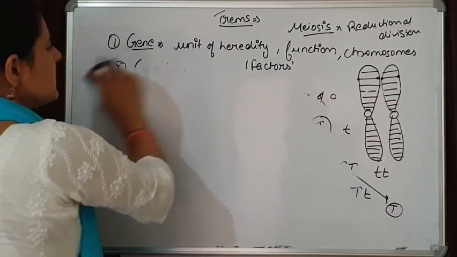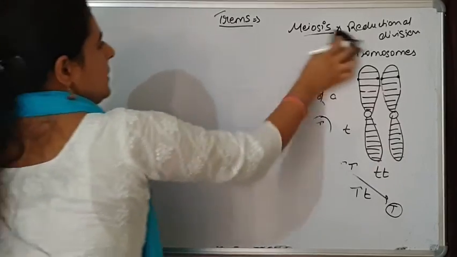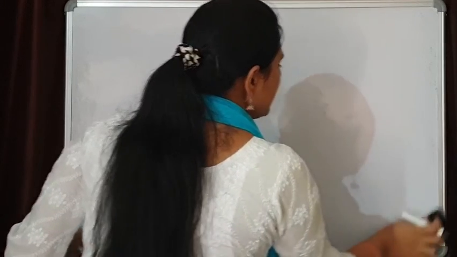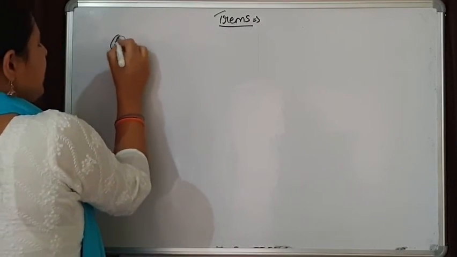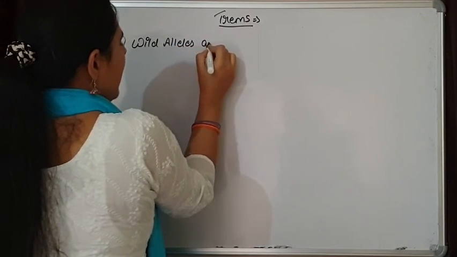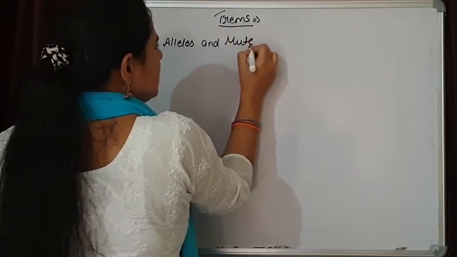Another term related to alleles is wild alleles and mutant alleles.